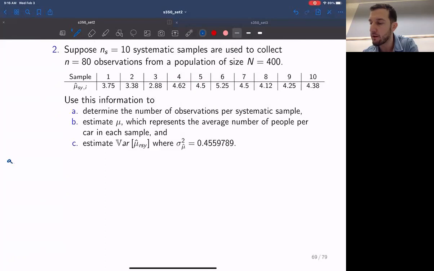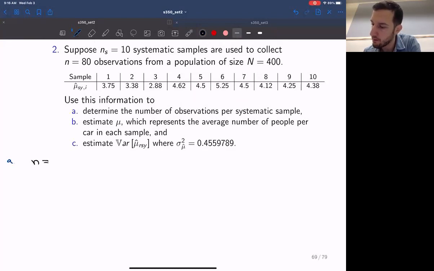And these values here, the 3.75, the 3.38, the 2.88, the 4.62, the 4.5, etc., are the means of each systematic sample. So in part A, we're asked, determine the number of observations per systematic sample. This is actually pretty straightforward. So we would just have little n.